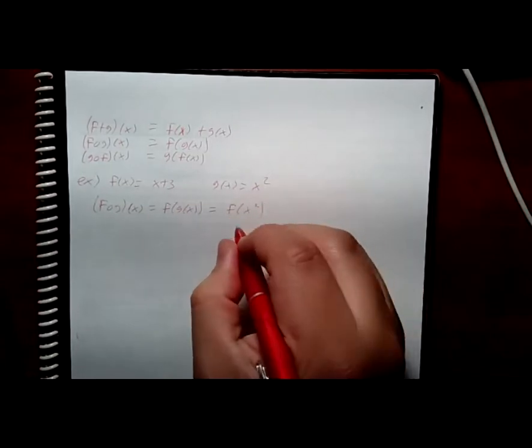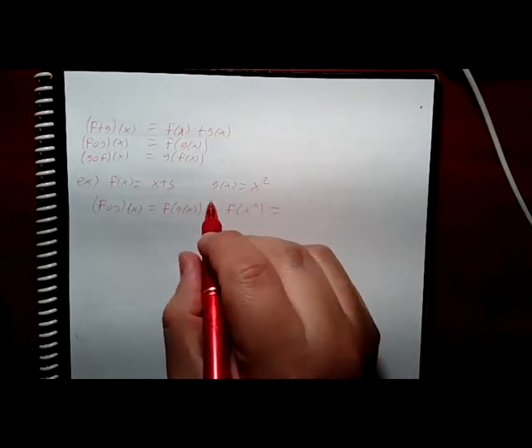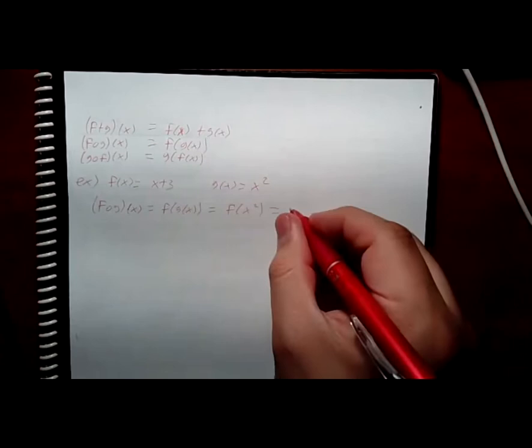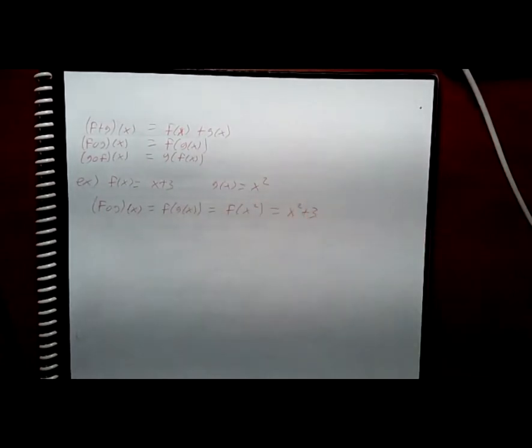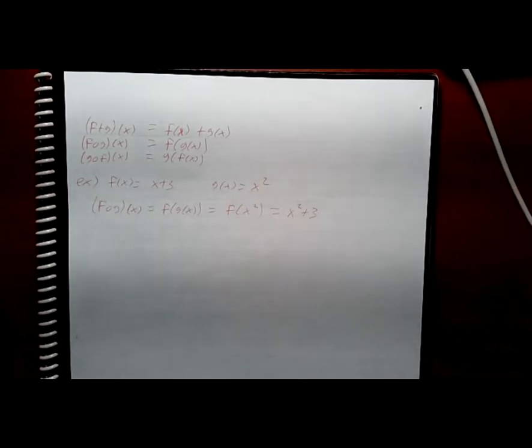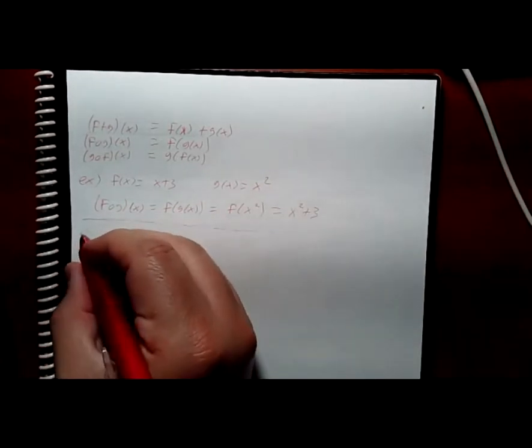So the G goes inside the F. So then you input this over here. So that'd be X squared plus 3. Okay. So that was a quick reminder. What do the symbols mean? I don't want to spend too much time on it because you had a whole class on that. So they're going to bring this up on examples like this. I might have to change pens.